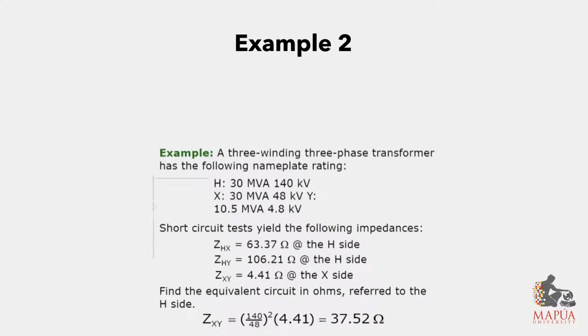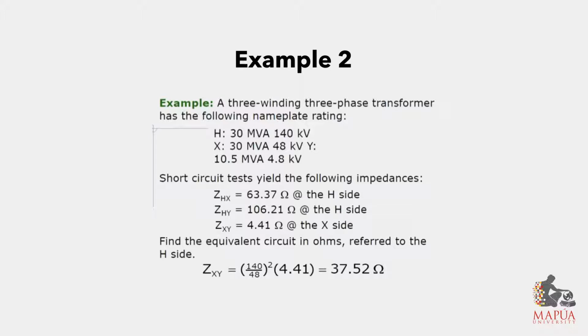As an example, let us consider a 3-winding 3-phase transformer which has the following nameplate rating. For the high tension side, H, we have 30 MVA, 140 kV. For the low tension side, X, that is 30 MVA, 48 kV, Y connected. And the tertiary is 10.5 MVA, 4.8 kV.